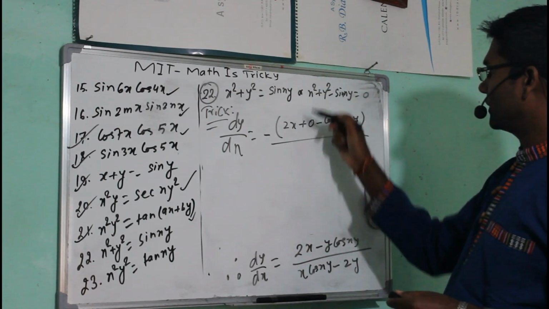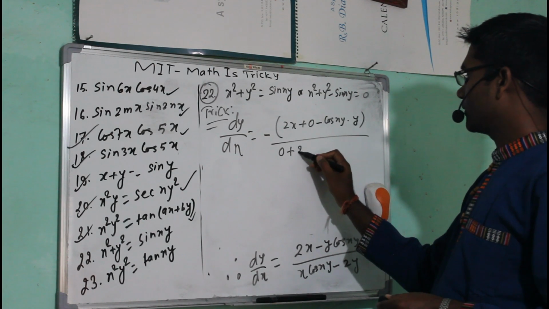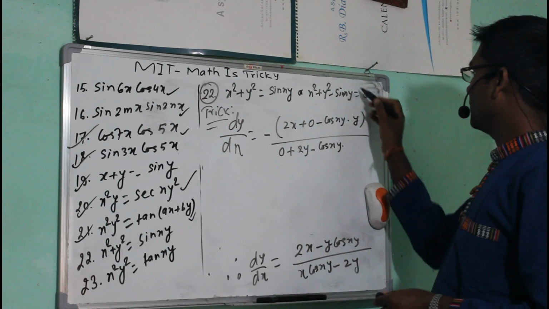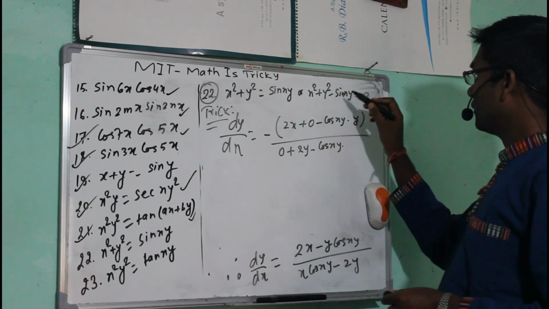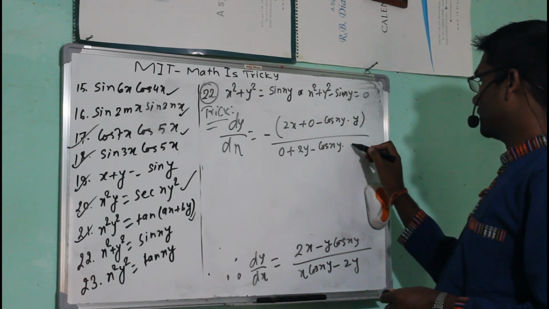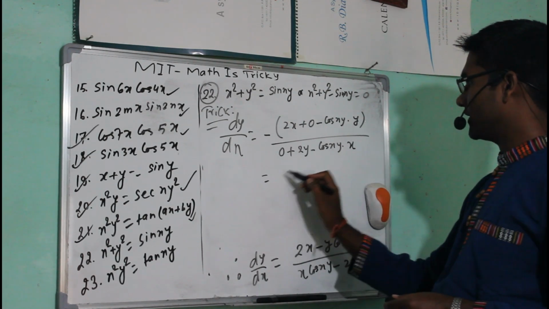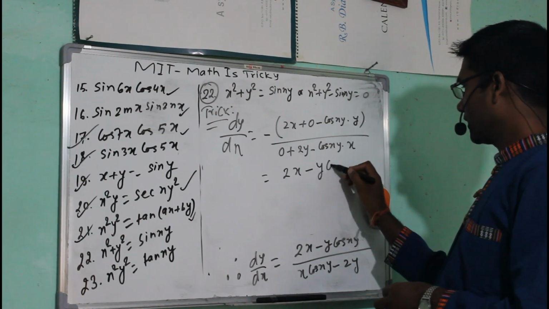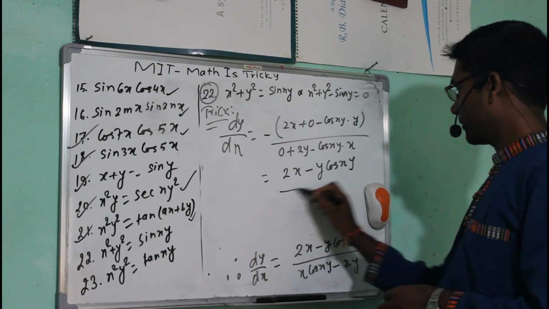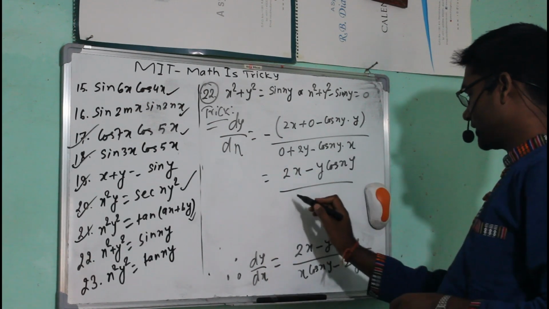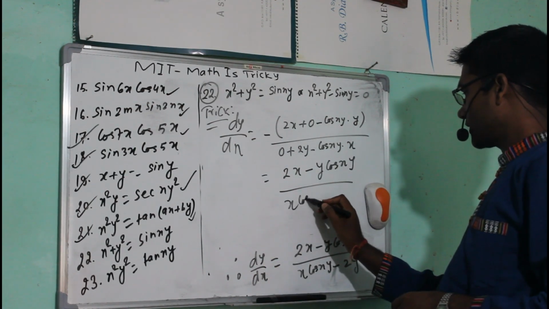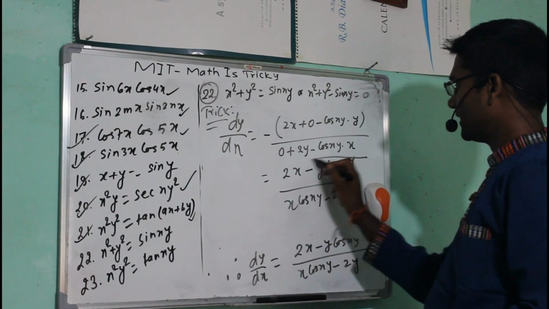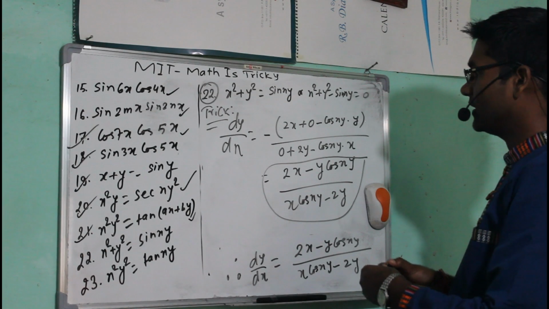Now differentiate with respect to y: 0 plus 2y minus cos(xy), and the derivative of xy with respect to y, taking x as constant, is simply x. So what is our answer? 2x minus y cos(xy), multiplied by minus, over x cos(xy) minus 2y, isn't it? See, we are getting the same answer by the trick method also.